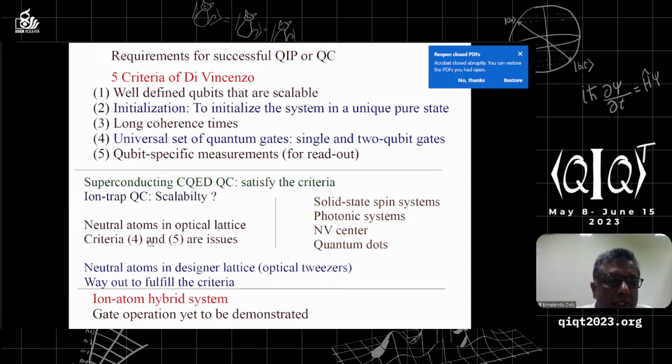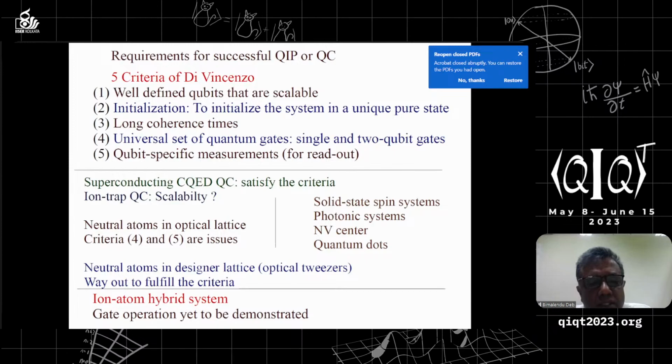Then another important platform is neutral atoms in optical lattices. But if you prepare neutral atoms in the ground states, then between two lattice sites the interaction between the atoms is almost nil, because neutral atoms in ground states interact basically through short-range interactions. The van der Waals interaction range is also very small.